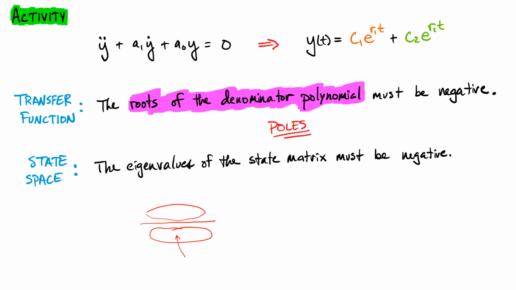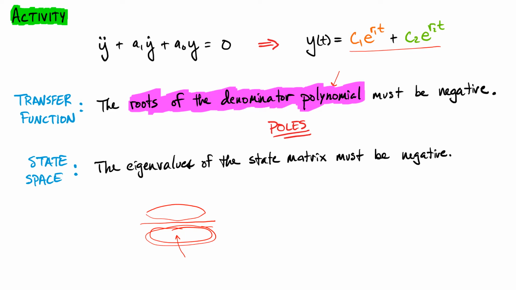So it's the part that makes the denominator 0. And for this to be stable, we need R1 and R2 to both be negative, so that these exponents are decaying away rather than growing.